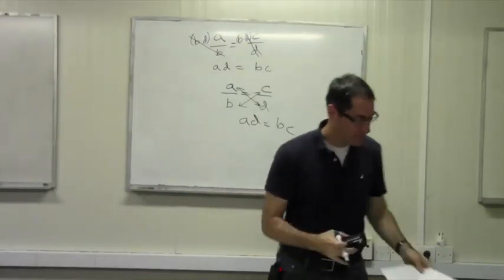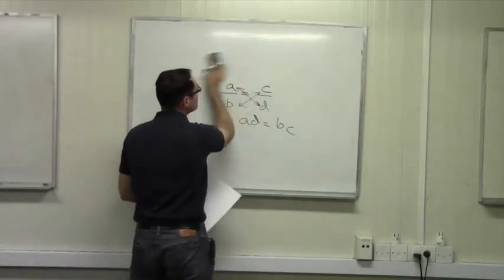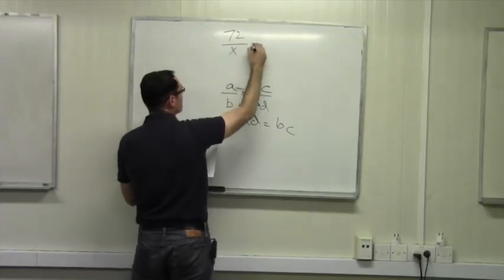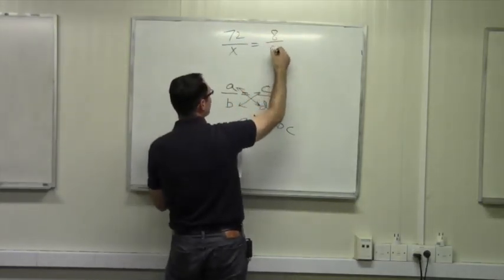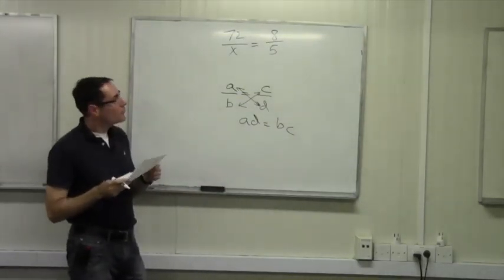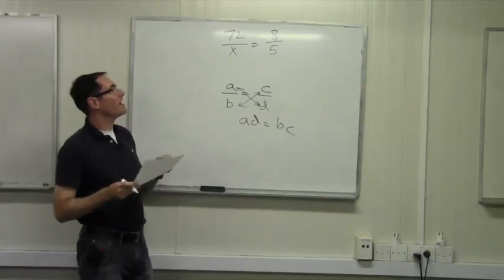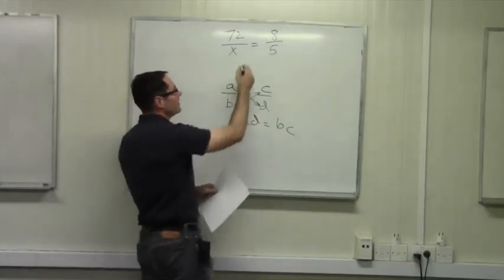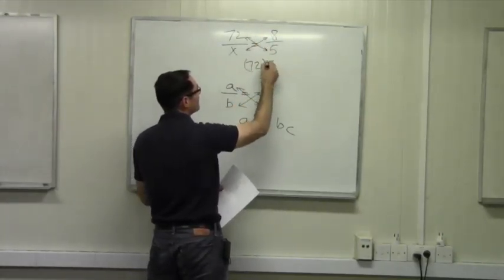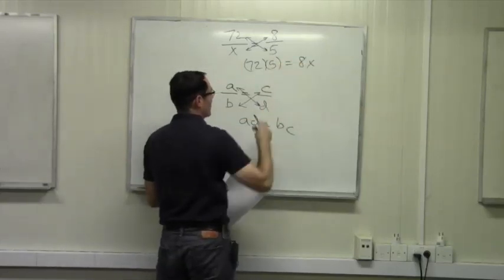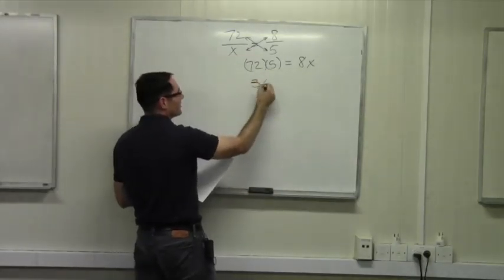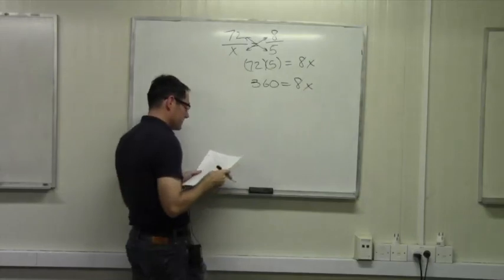So let's do one. 72 divided by x equals 8 divided by 5. You could multiply both sides by 5x, blah, blah, blah. Easy way to do it, cross multiply. 72 times 5 equals 8 times x. 72 times 5 happens to be 360, equals 8x.